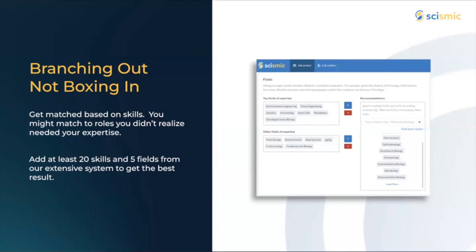For example, you're a cell biologist who has used cardiovascular cells for several projects, and so you've had to gather a lot of information on cardiovascular biology as well. In the case of Scismic and industry applications, thinking about what fields you could cover, you'd want to include both the cell biology and the cardiovascular biology as well.